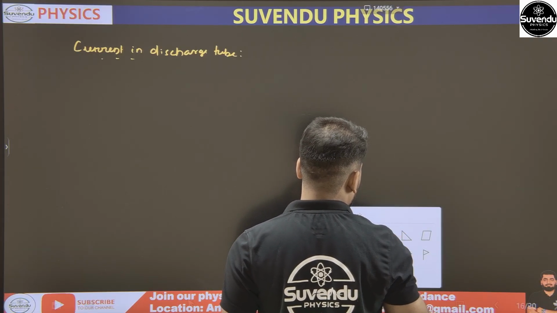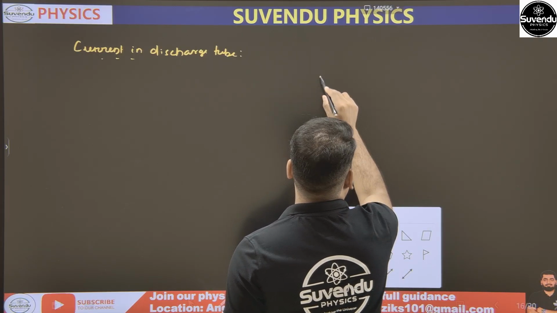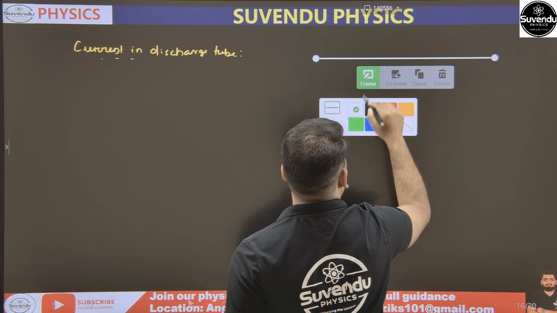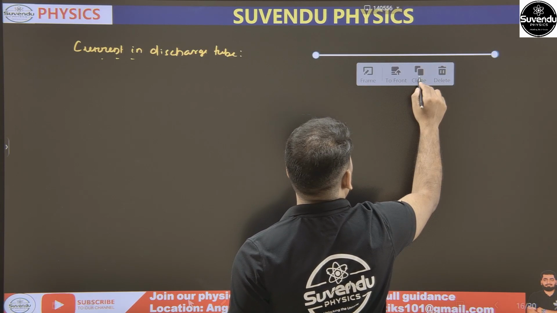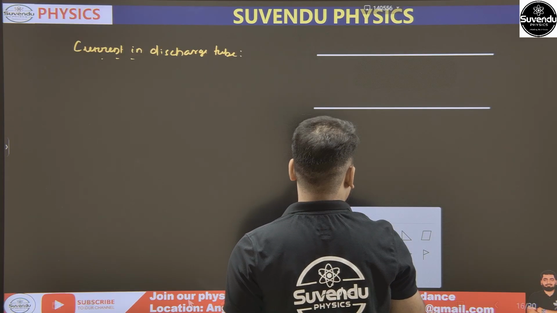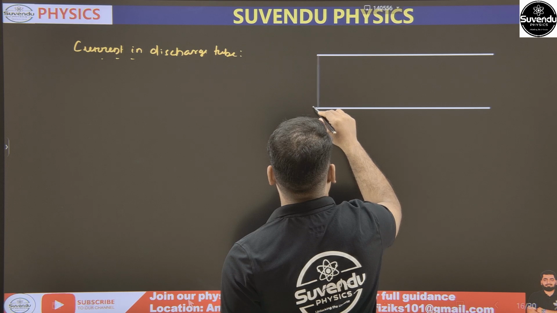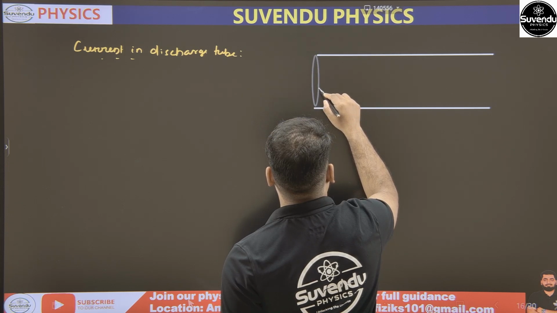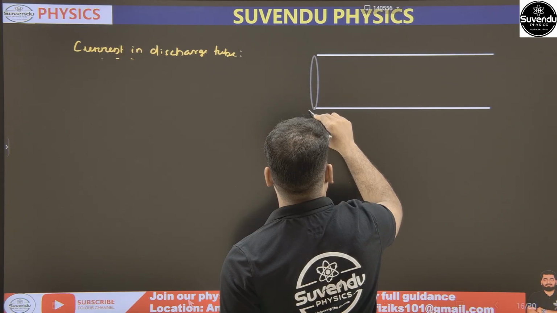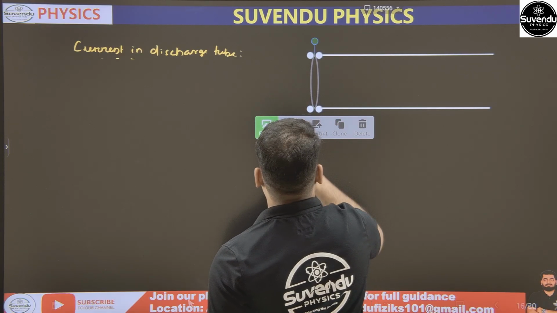Let us consider this is our discharge tube, and inside the discharge tube current is due to the flow of what? Cations and anions, positive ions and negative ions.